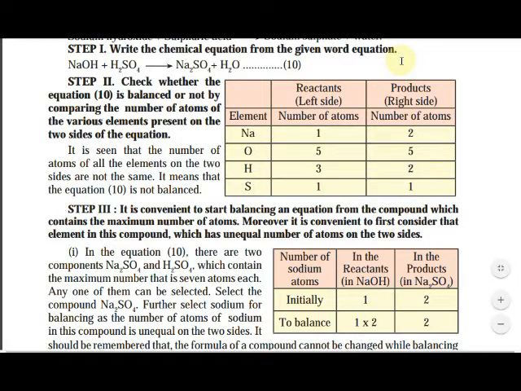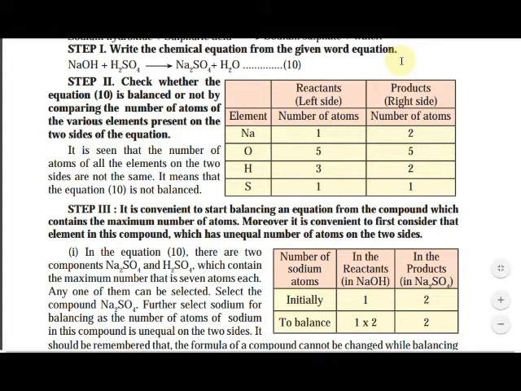Hydrogen, left side 3, right side 2, so it is not balanced. Oxygen is balanced, but hydrogen is not balanced. Sulfur: number of atoms on LHS is 1.